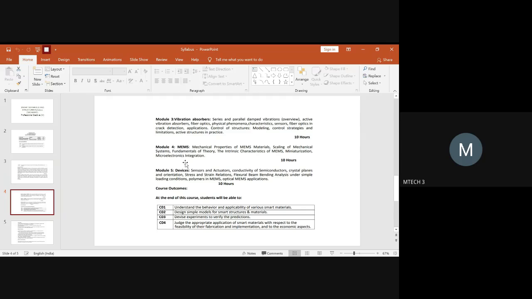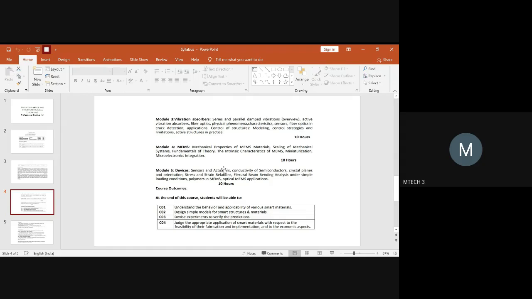Sandesh, see here, if you're speaking about sensors and actuators, you will be speaking about the importance of sensors and actuators in a few slides, but you will not go in depth into their properties and all those things. You have to speak with respect to device making. Which things are necessary to make a device? It could be a sensor device, an actuator device, a micro sensor device approach, or an actual sensor device approach.